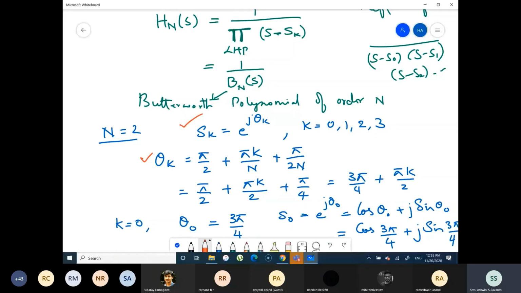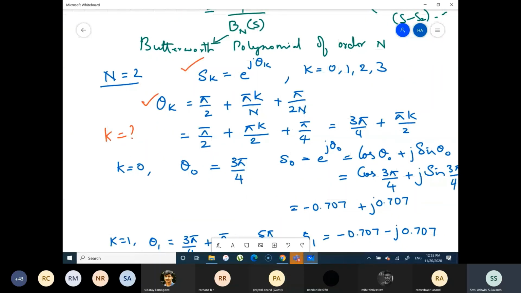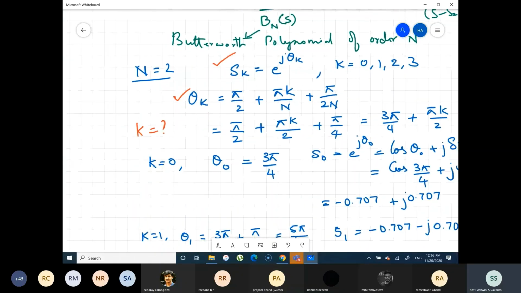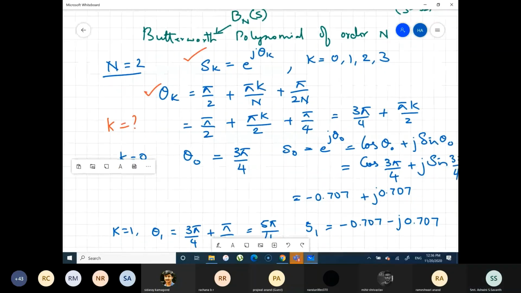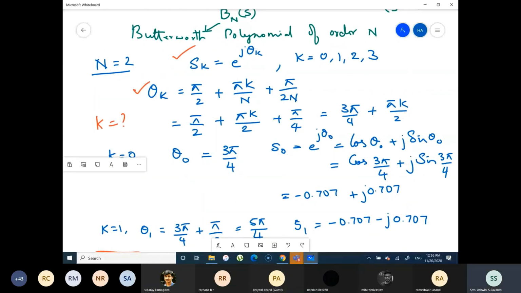Write this expression, and write the values of k that you're going to substitute. Just show some calculations here because they should know that you have done some calculations to find out the polynomial. So put the values like this and just show a few calculations, but then you can write down the polynomial once for all.